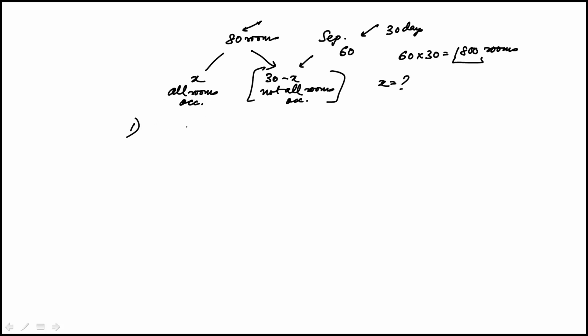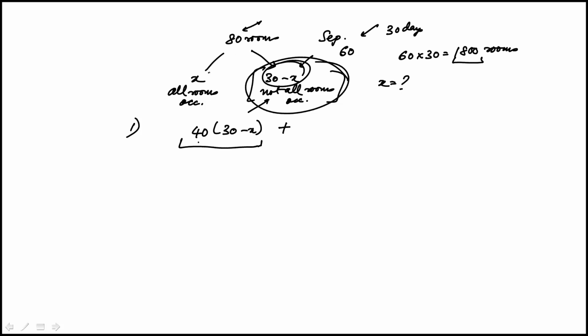So statement 1 says, on the nights when not all the rooms of the hotel were occupied, meaning this category, the average number of rooms occupied was 40. So if that's the average number, if I multiply by the number of days that not all rooms were occupied, that would be the total number of rooms that were occupied on those days.